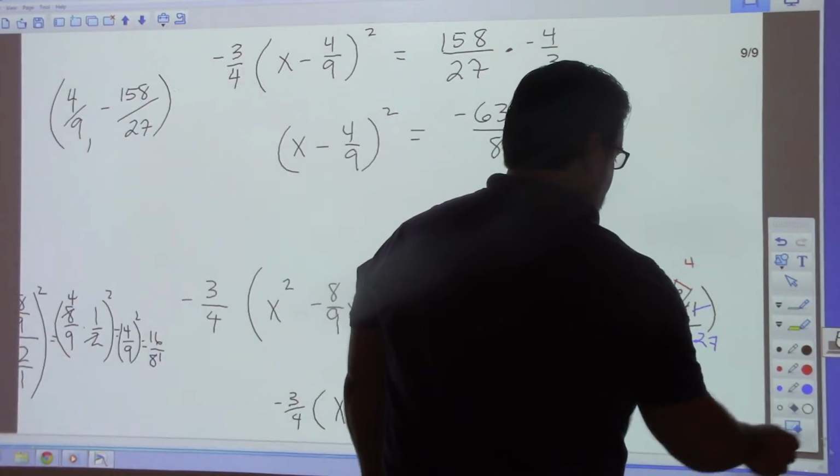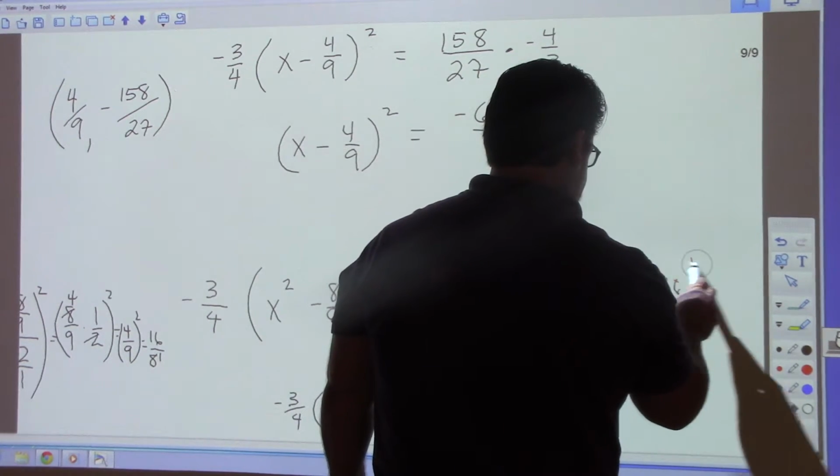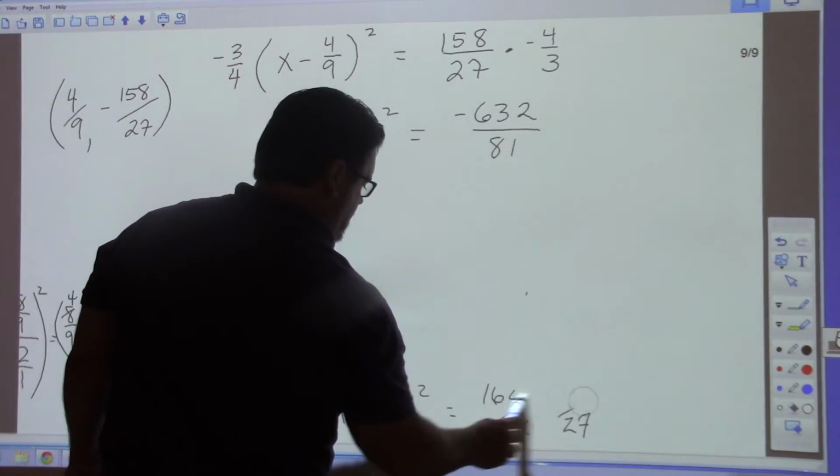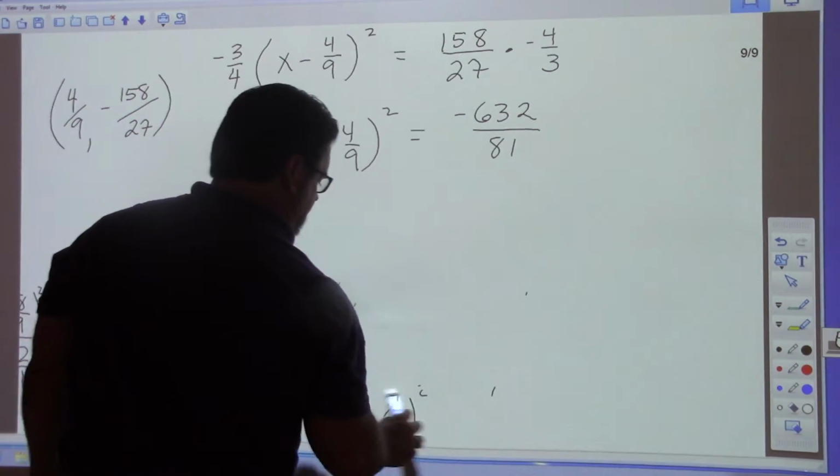Go through and use my little eraser since I don't know how to delete. I tried Control X, that didn't work.